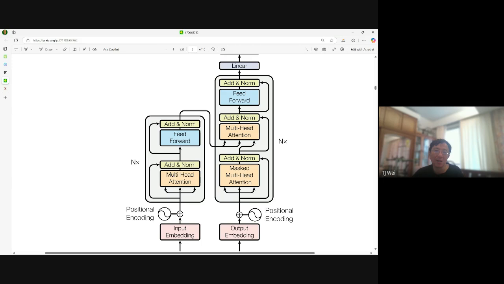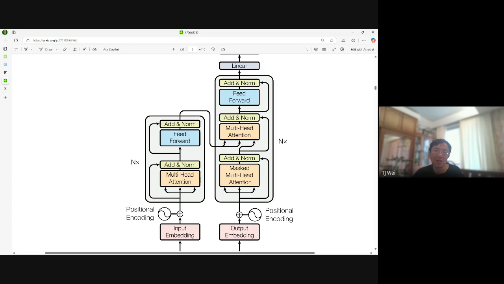But with the feed-forward, you may wonder, if we have a feed-forward, why do we even need multi-head attention? The key answer is this feed-forward is not a feed-forward on the whole sequence. It is a feed-forward on each vector.